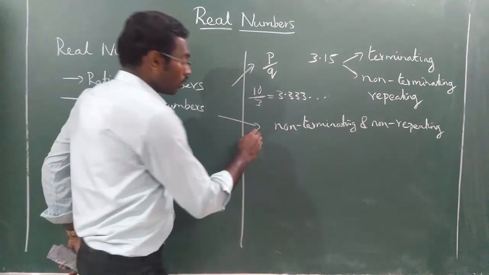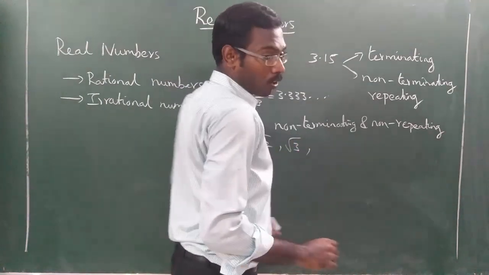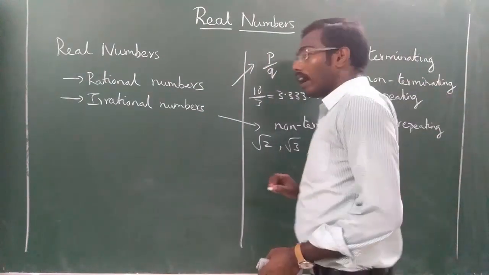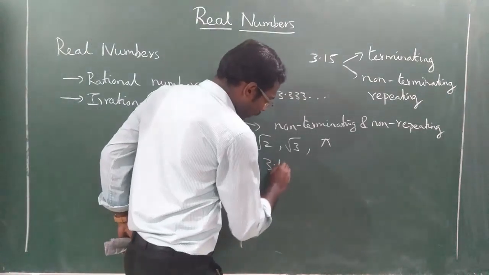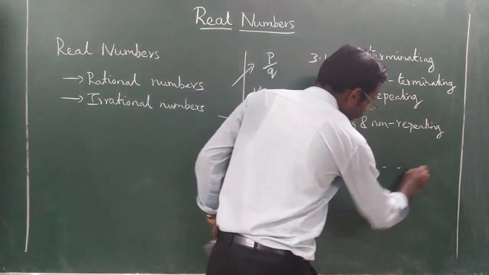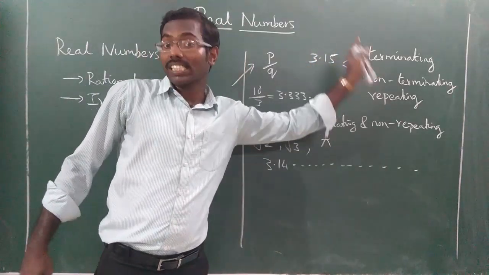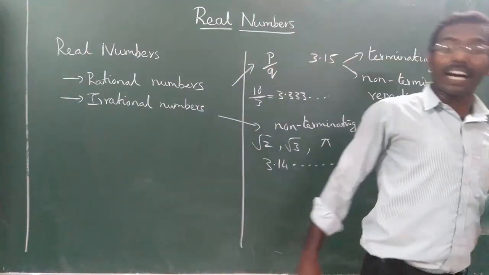We have studied root 2 is an example for that, root 3 is an example. Yes or no? Pi is also an irrational number because the pi value won't end. It will come 3.14 something, it will be going on. Yes or no? Do you remember that? So these are the rational numbers and irrational numbers. Together they are called real numbers.